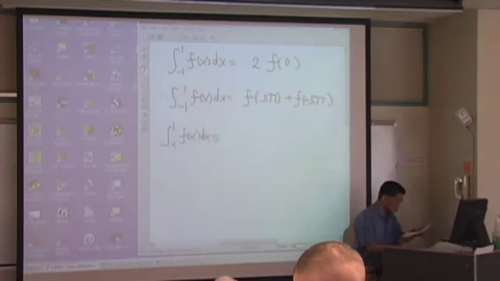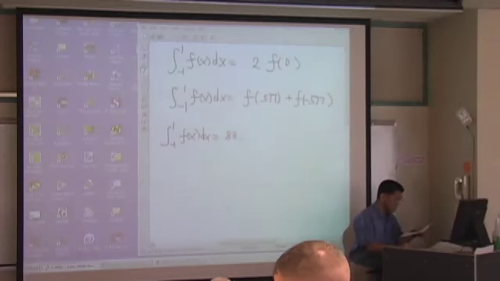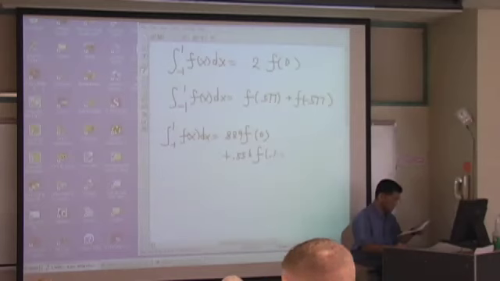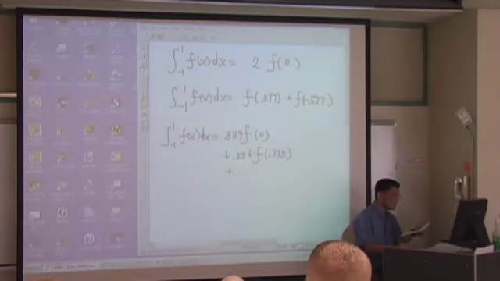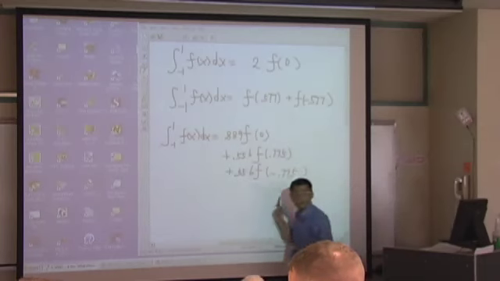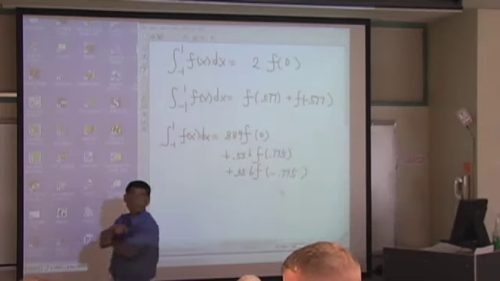The strategically chosen numbers are these. So this is the function that approximates the integral.